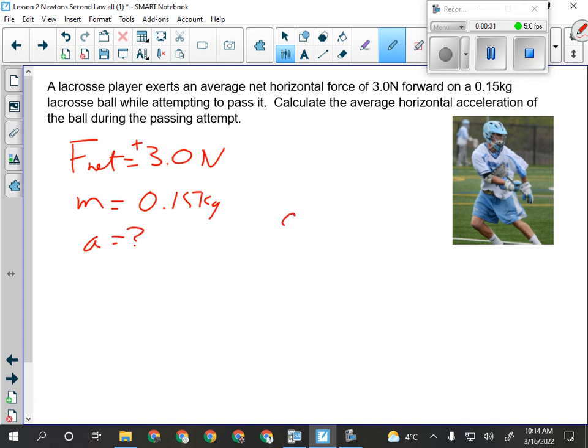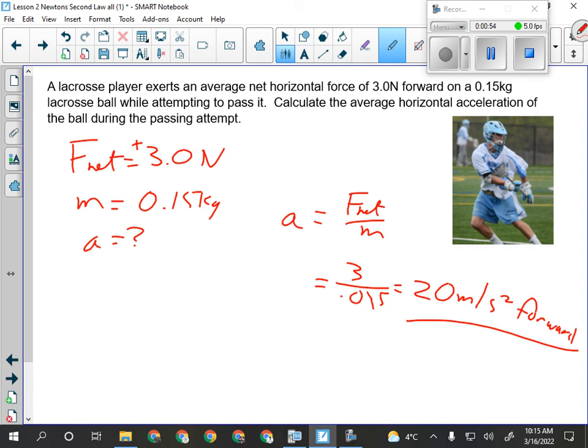That's pretty straightforward. We just have to manipulate to get acceleration. So that's going to be 3 divided by 0.15, which should give us 20 meters per second squared forward.